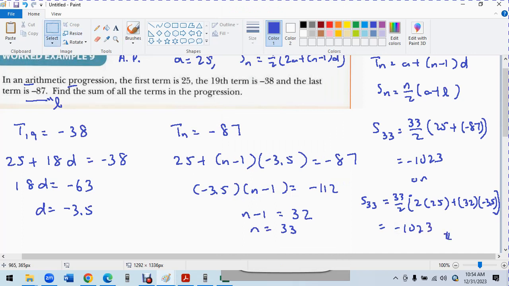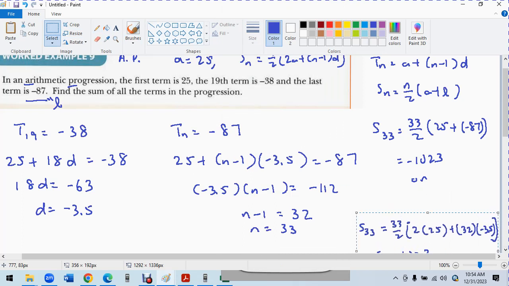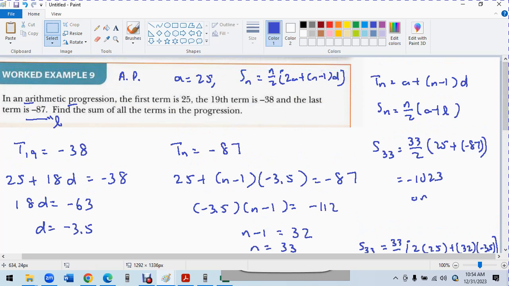But we will prefer using the first one, since we already have the last term l, so it will be easier using the first one.